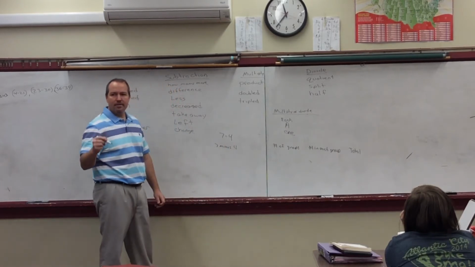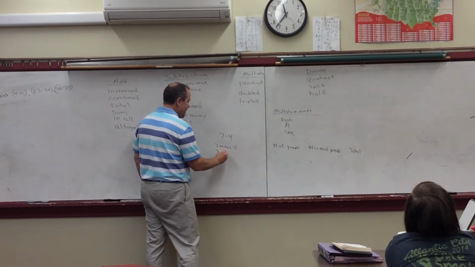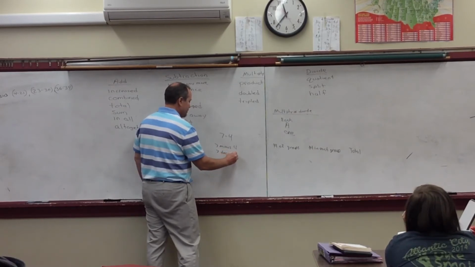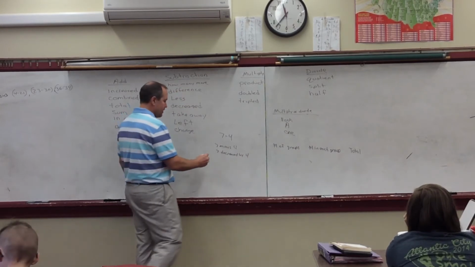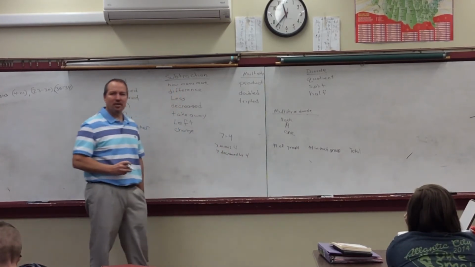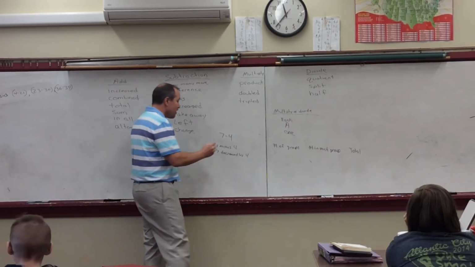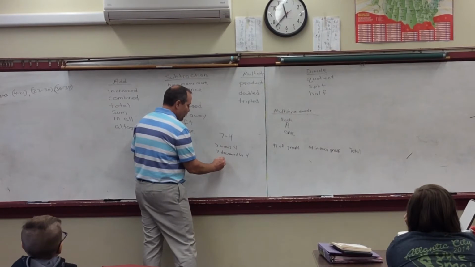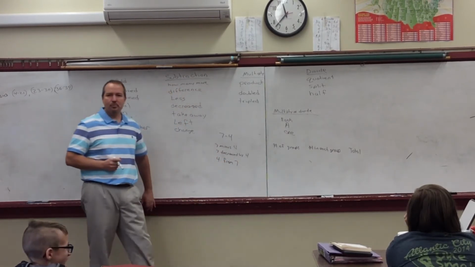7 decreased by 4. How many are left after you decrease? After you take 4 away from 7. 4 from 7.